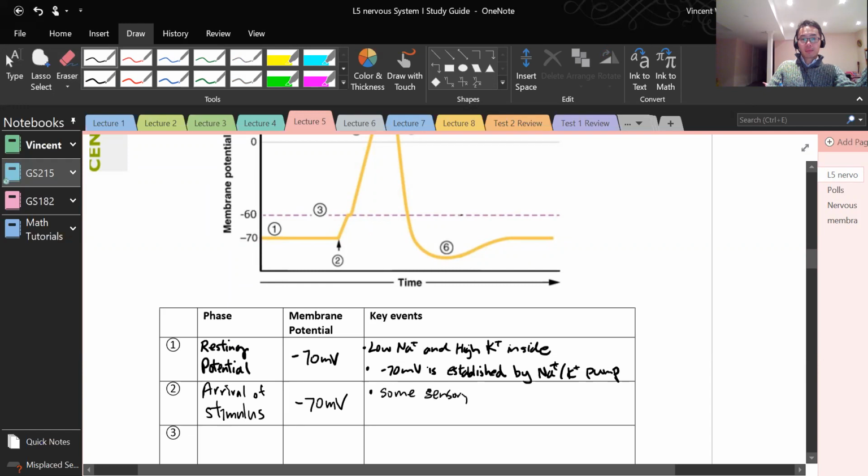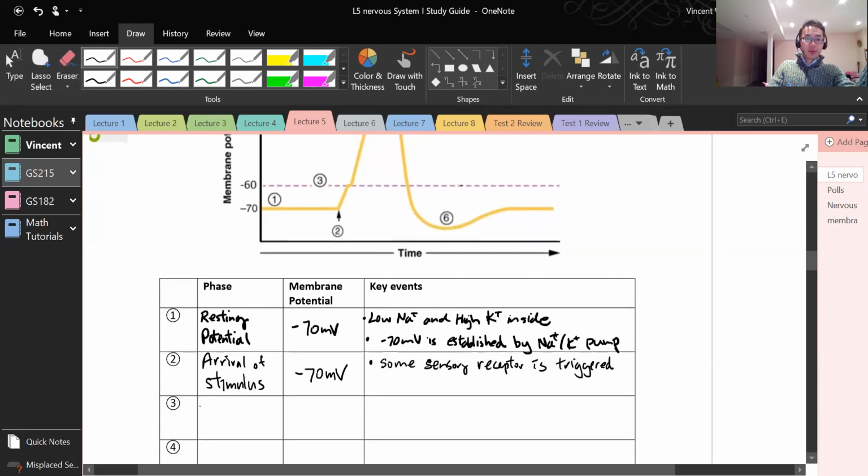Key events: some sensory receptor is triggered. And then at number 3, that is what we call the threshold potential, and that is, of course, minus 60 millivolts.